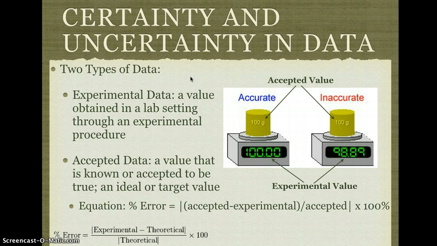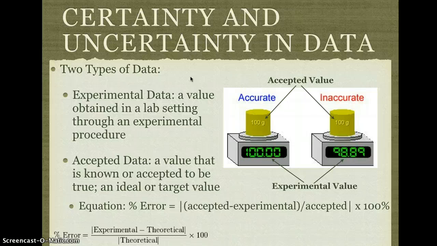This is another way that the equation has been put, as experimental minus theoretical. Theoretical and accepted really mean the same thing. Here they're showing a different order, but if you notice one thing in either of these equations, it has everything in absolute values, which means it doesn't matter if you have 2 minus 3 or 3 minus 2.